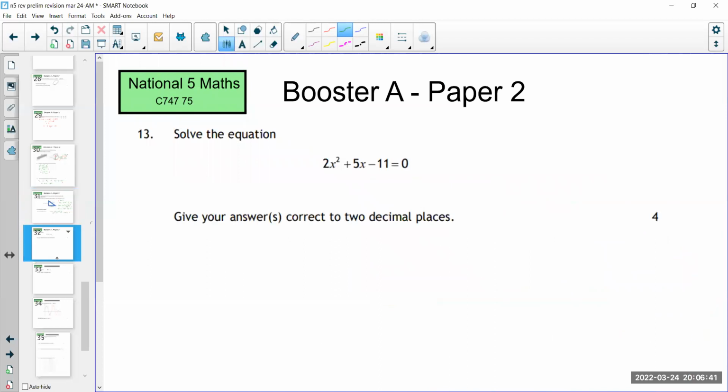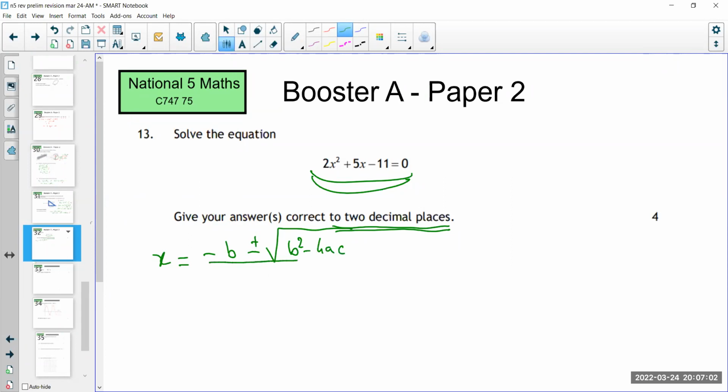Solving, okay, so the question here is this: when you are asked to solve anything to a certain number of decimals, you know you're going to have to use the quadratic formula. Minus b plus and minus root b squared minus 4ac over 2a. So that's given to you.